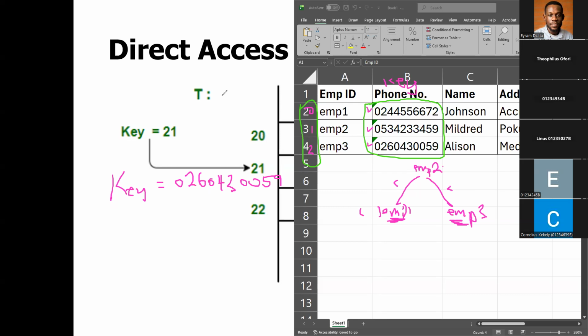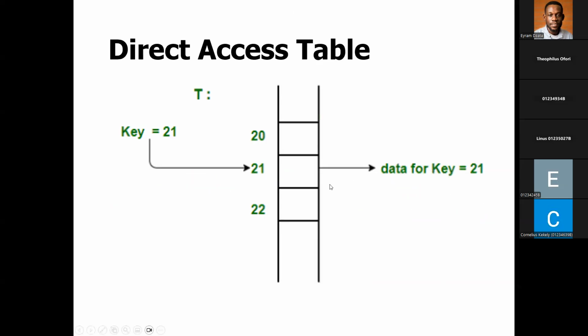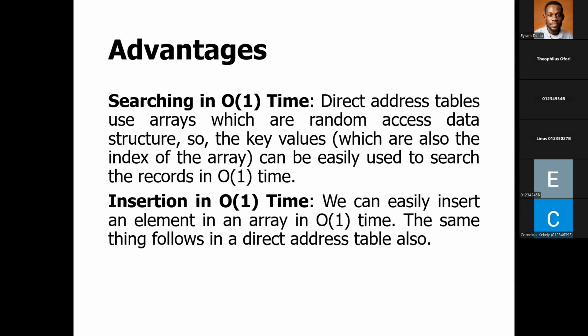So that is what is being explained over here. It uses the values. Now, one advantage of the direct access table is that it's able to give you a search in constant time.